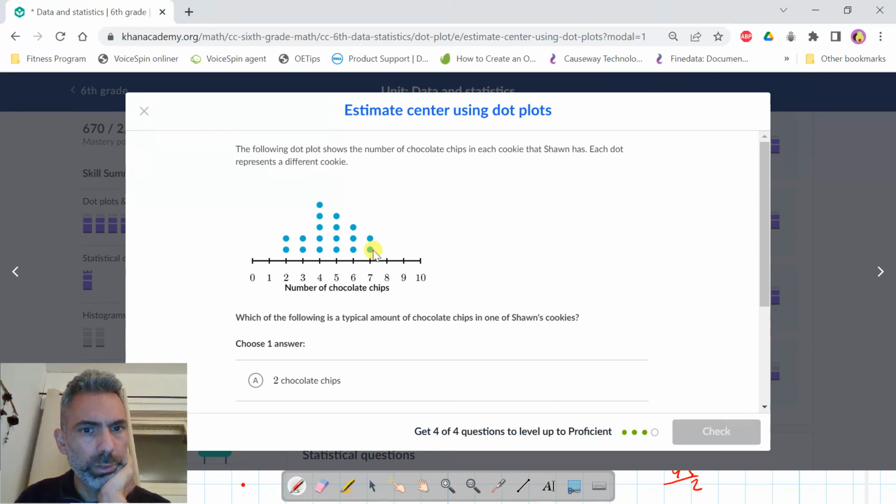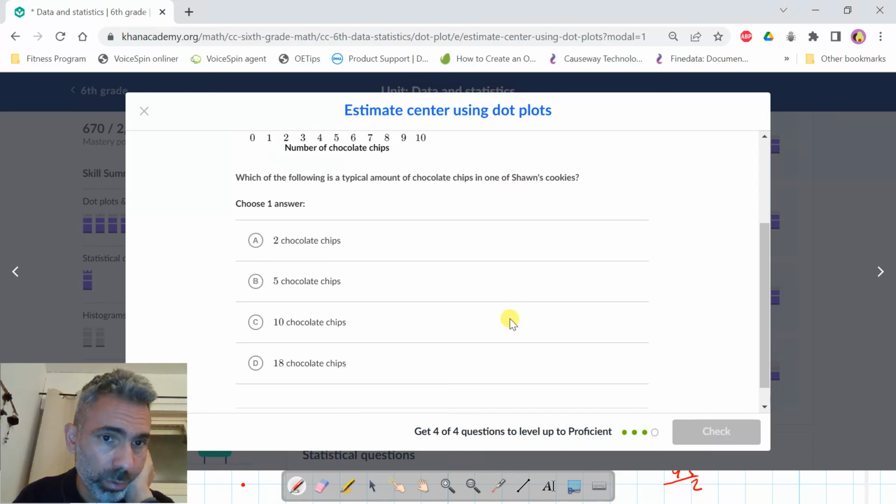Okay, so all of the cookies have at least 2 chocolate chips on them. As they move up, fewer and fewer have just 2. They have more chocolate chips on them, but all of them have at least 2. So a typical amount of chocolate chips is 2.